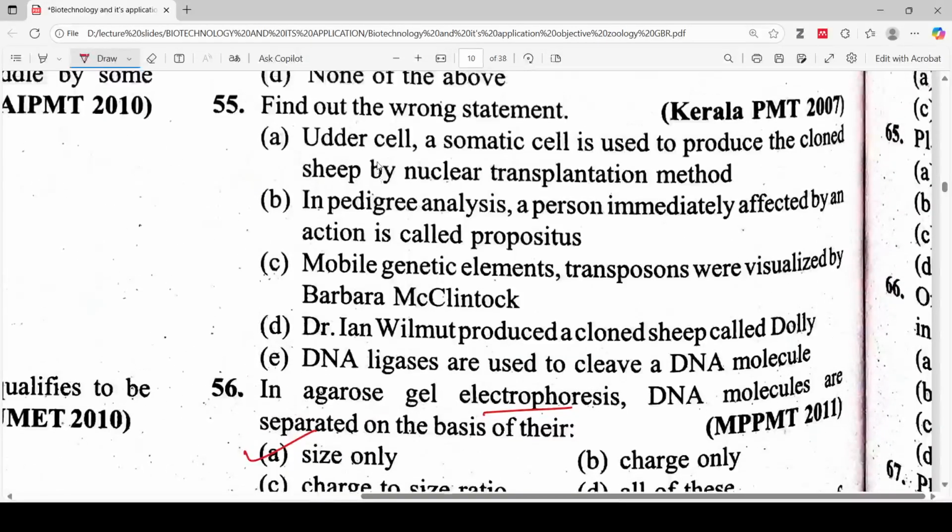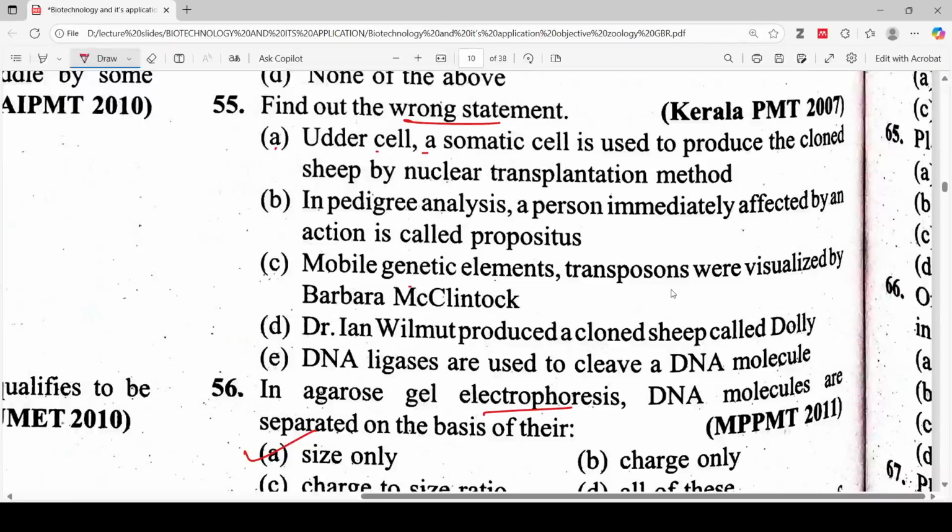Next question, find out the wrong statement. Option A, udder cell, a somatic cell, is used to produce cloned sheep by nuclear transplantation method. Option B, in pedigree analysis, a person first affected by a trait is called propositus.